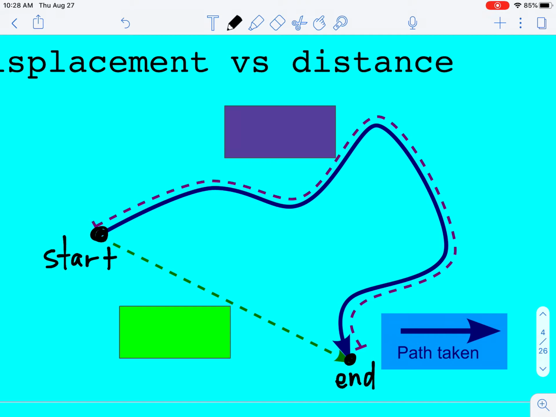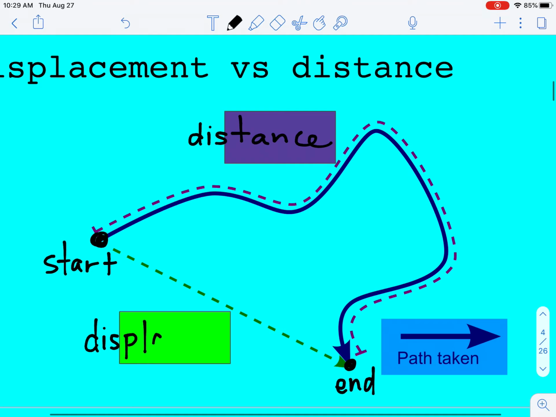Well, looking at the definitions, that would be a measurement of the total length traveled. That purple would be a measurement of the distance. Now, the distance or the measurement between the starting and ending position, that would be our green displacement.